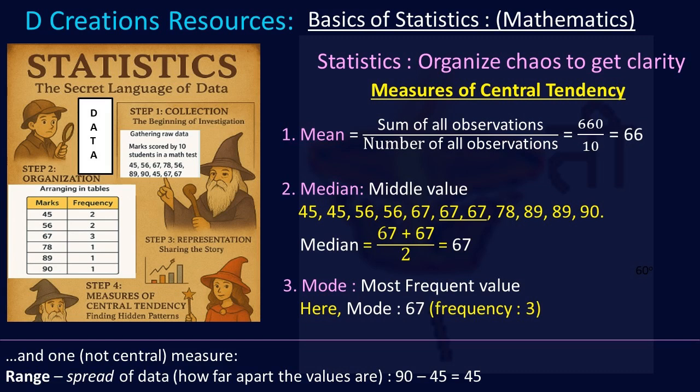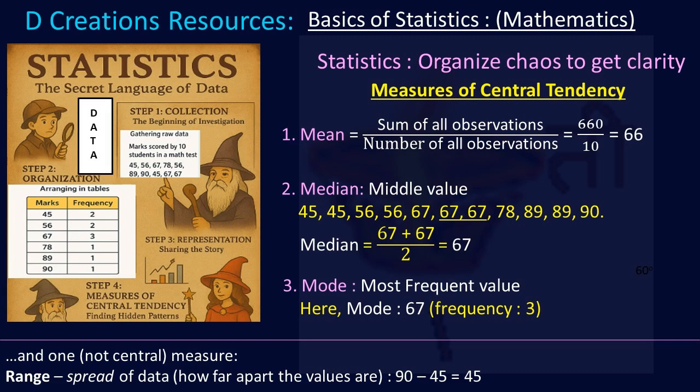When we organize these numbers in ascending order, the difference of the highest and the lowest value in this data is going to be called the range of the data. Now, while organizing it, you would also realize that some numbers are repeated. So, the number of times a particular number is repeated is called its frequency.